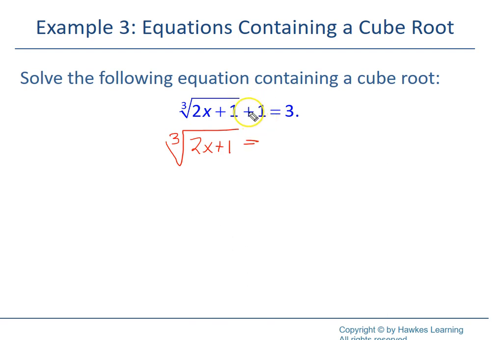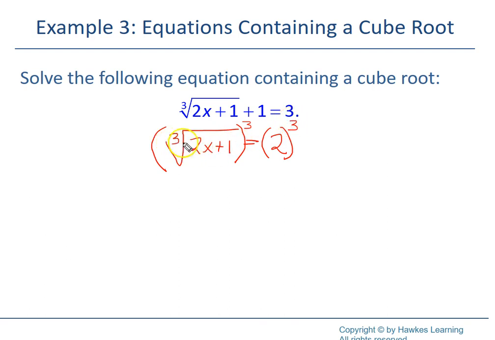We're going to take this positive 1, transpose it. On this side it becomes a negative 1, so this is just going to be a 2. Now, how do we get rid of a radical sign? Well, we raise it to the power of the index number, and then it just becomes the radicand.